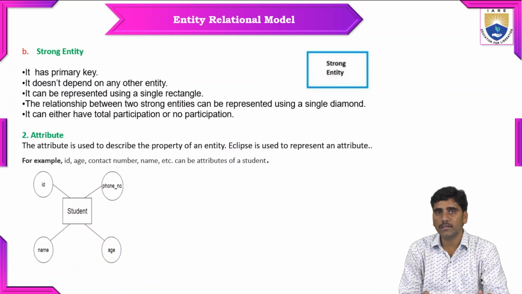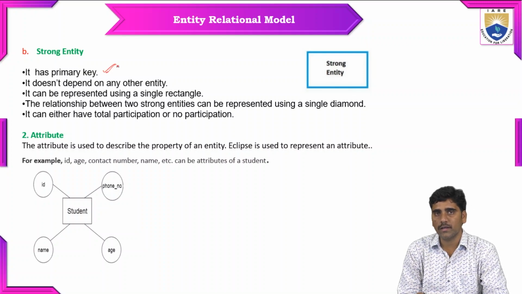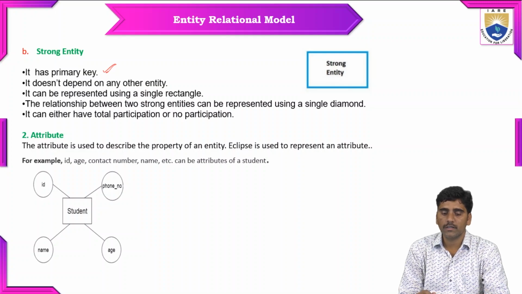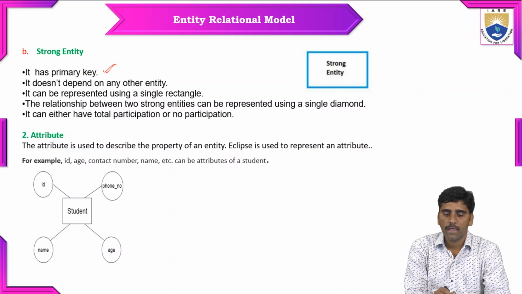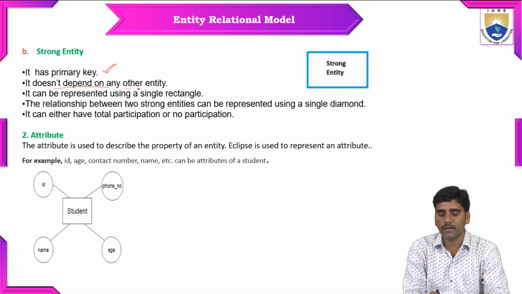So what is a strong entity? It is an entity which has a primary key, and it does not depend on any other entity.